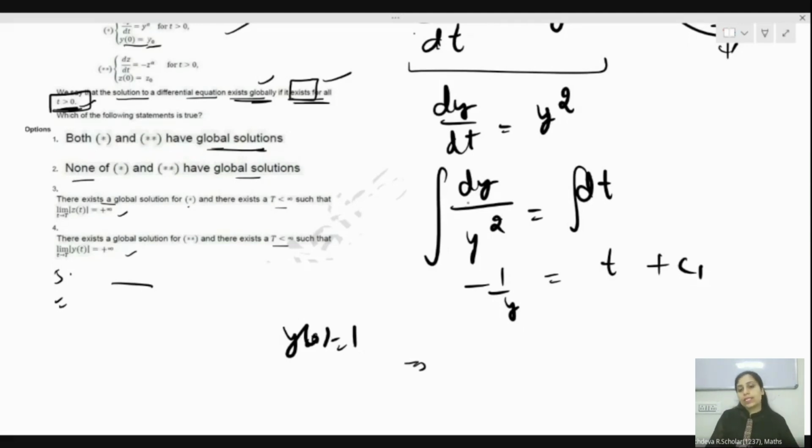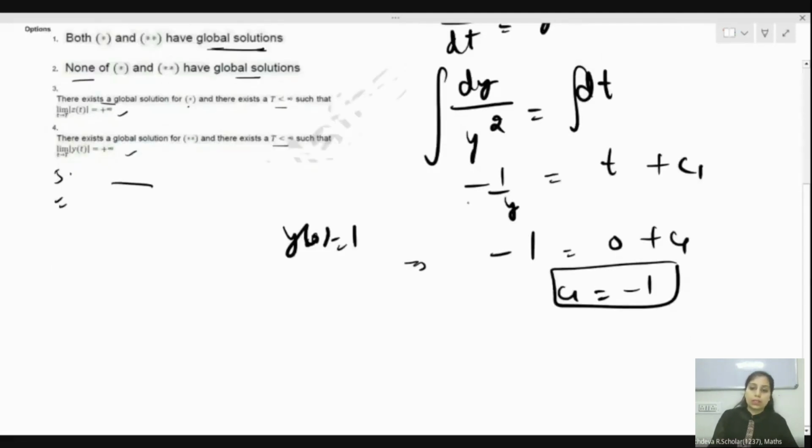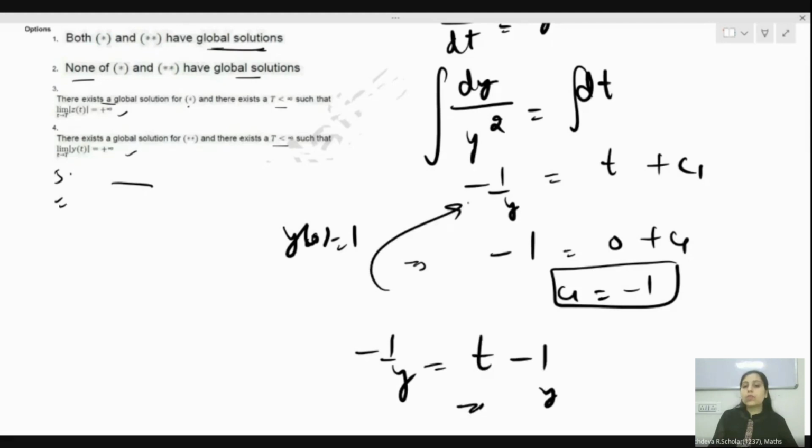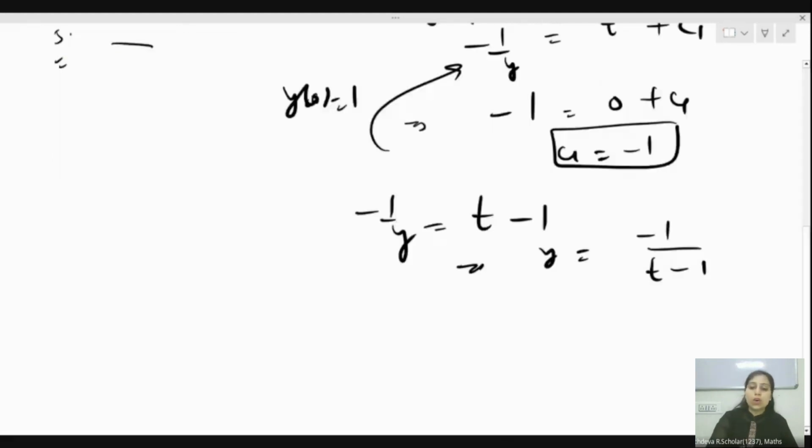Substituting this, y is 1 when t is equal to 0. So the c1 value is minus 1. Here we get minus 1 upon y is equal to t minus 1, which gives you y is equal to minus 1 upon t minus 1, or you can write 1 upon 1 minus t.